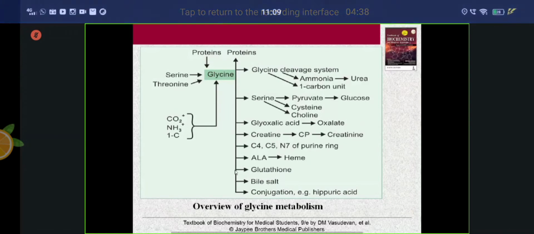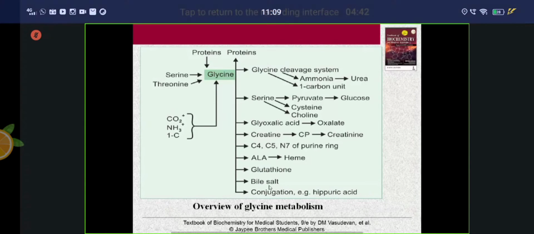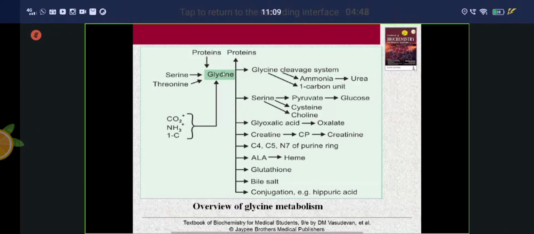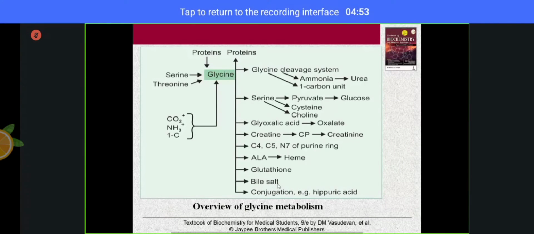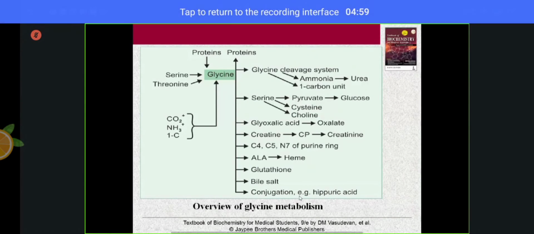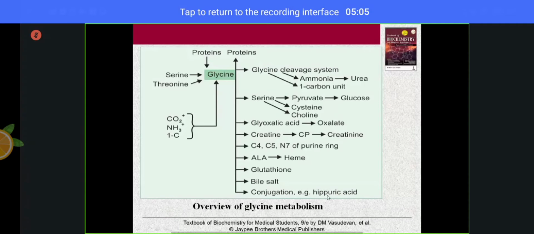Okay. So glycine is also involved in the formation of bile salts. So what are the bile acids? Cholic acid, deoxycholic acid. Once it combines with glycine, it forms glycocholate. So that is a bile salt, sodium glycocholate. Okay. Glycine is also used in conjugation, like for the excretion of hippuric acid. When hippuric acid is present in our body, it has to be excreted.